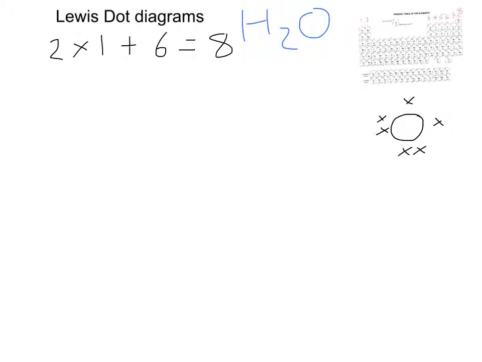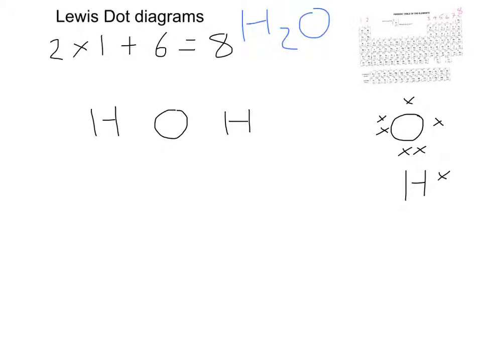Now 2 of the electrons around the oxygen are unpaired. If I was to draw the electrons around a hydrogen, there we go, just 1. 1 of the electrons is unpaired. So the oxygen atom has the most unpaired electrons. I'm going to draw that in the center, and I'm going to draw my other atoms around the side. There we go. This is step 2.